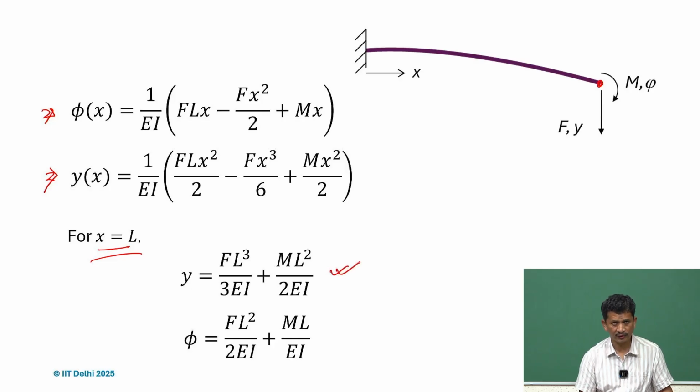The total deflection, because of both the force F and the pure bending moment M, is FL cubed by 3EI plus ML squared by 2EI. Likewise, we also get the angular deflection at the tip, which is FL squared by 2EI plus ML by EI.